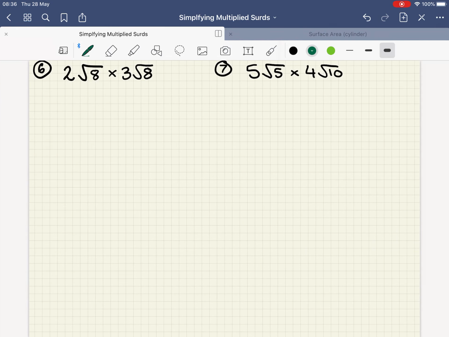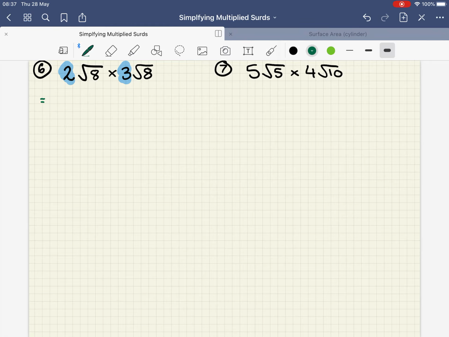Okay, a couple more then. So here we've got a mix where we have numbers in front as well as the surds. So the best way to do it is you want to multiply these things separately. So first, I'm just going to look at the numbers that are in the front.